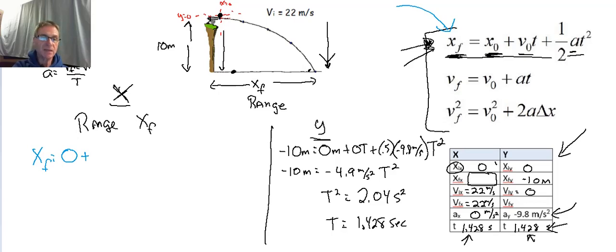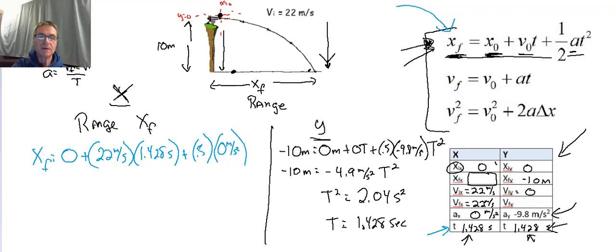My initial velocity is 22 meters per second, times the time, 1.428 seconds, plus 1/2 at squared. Well, 0.5 times a, and a is 0. How nice for us. But this whole thing drops out because our acceleration is 0. That makes the calculation really easy.